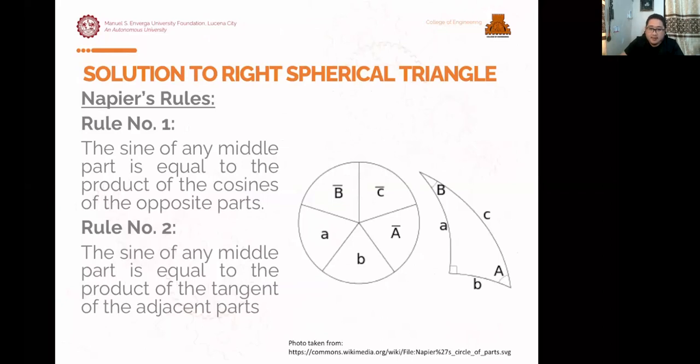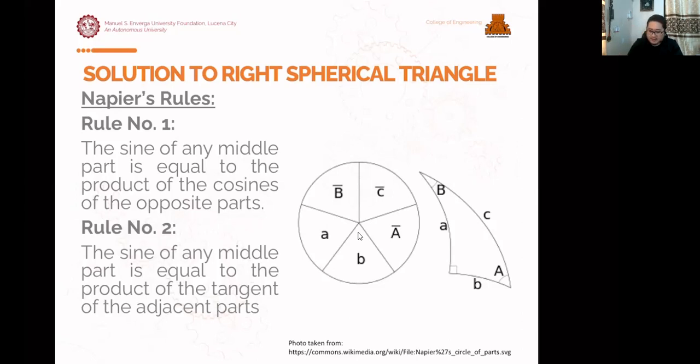And yun nga, nag-produce siya ng, siguro sa navigation yung kanyang forte. So, nag-propose siya ng two rules that we can use when solving a right spherical triangle. Rule number 1, sabi niya, the sine of any middle part is equal to the product of the cosines of the opposite parts. Pero ano yung sinasabi niyang middle and opposite na yan?